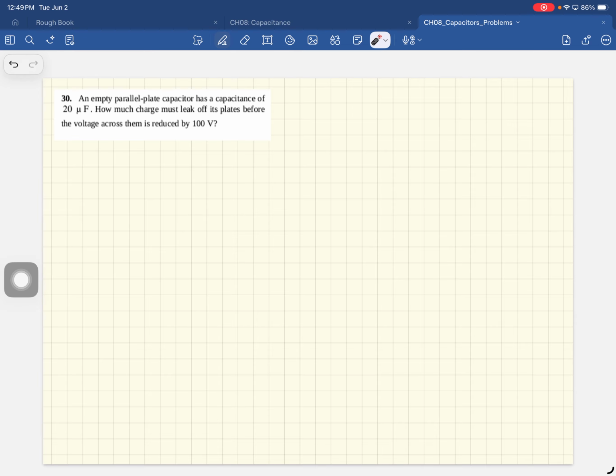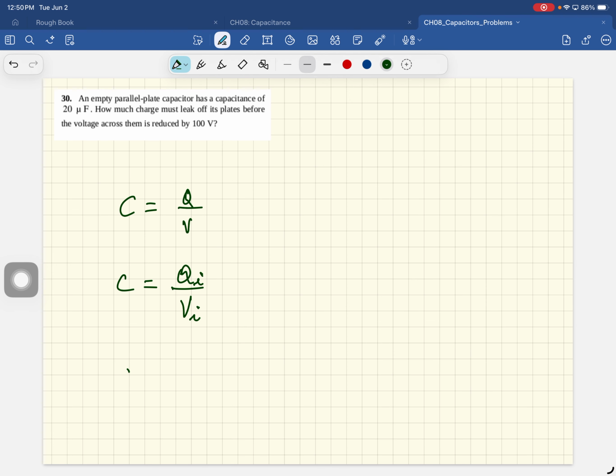I substitute this there, 20 microfarad times Vi minus Q.